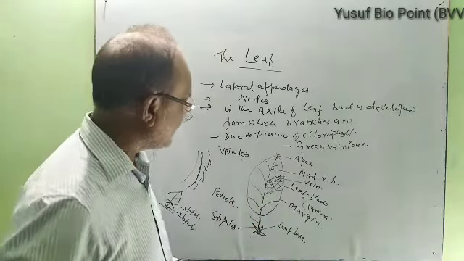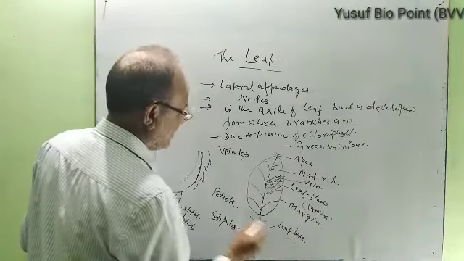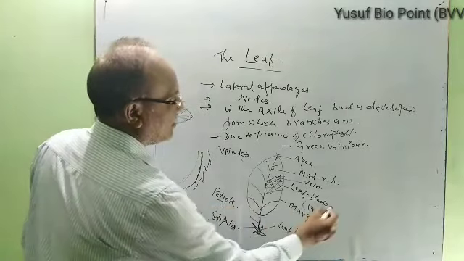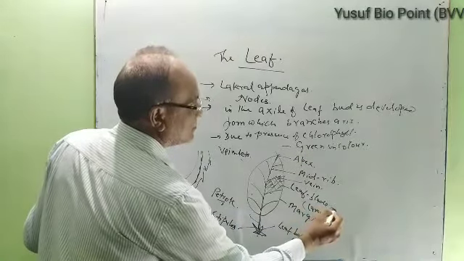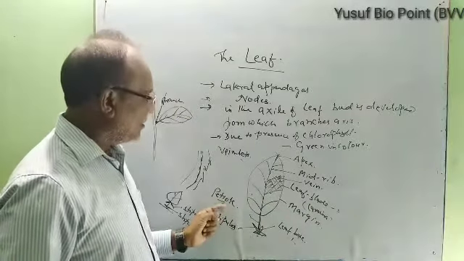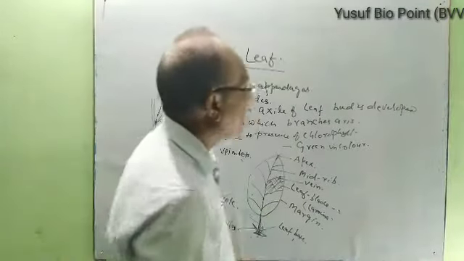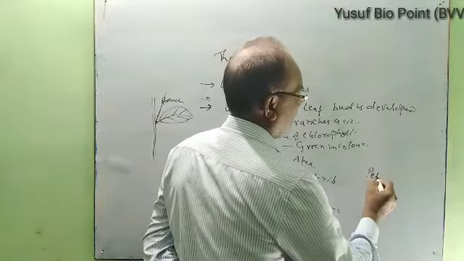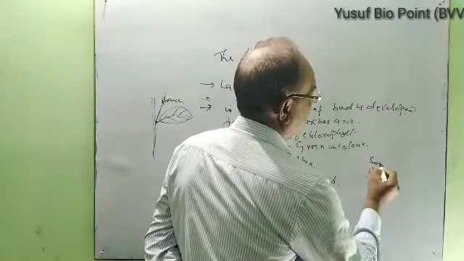So we can say that a leaf has three parts: first leaf base, second petiole, and third leaf blade. In some leaves the petiole is absent, and that is called sessile.